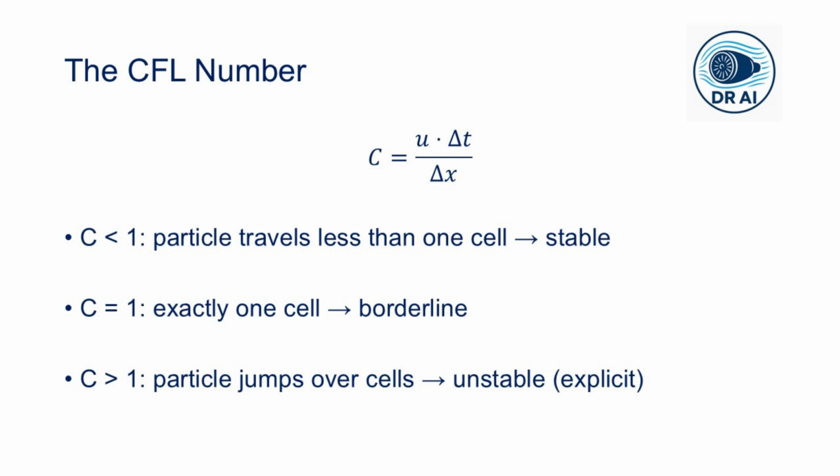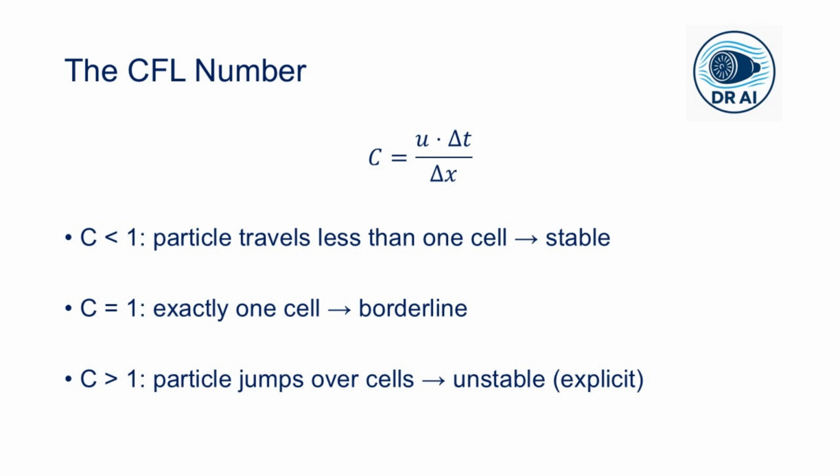If C equals 1, the particle travels exactly one cell, which is borderline. If C is greater than 1, the particle jumps over one or more cells without the solver registering its passage. So the solver tries to update based on incomplete information, and the oscillations explode.